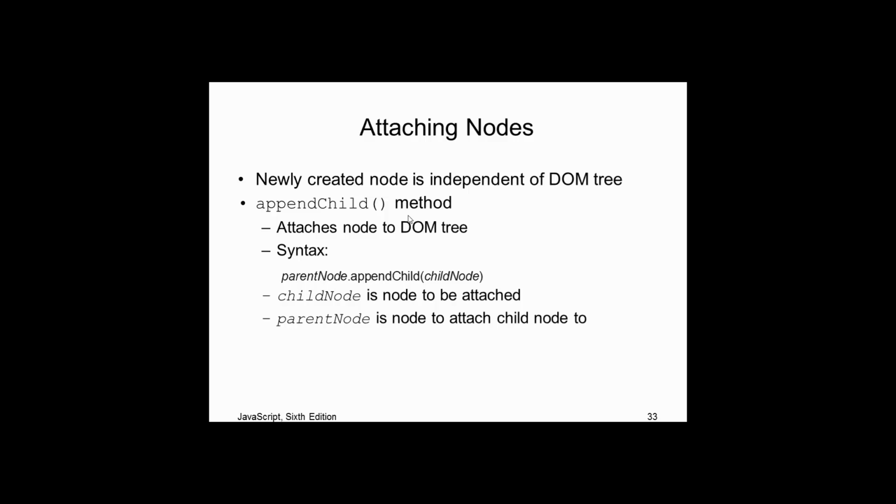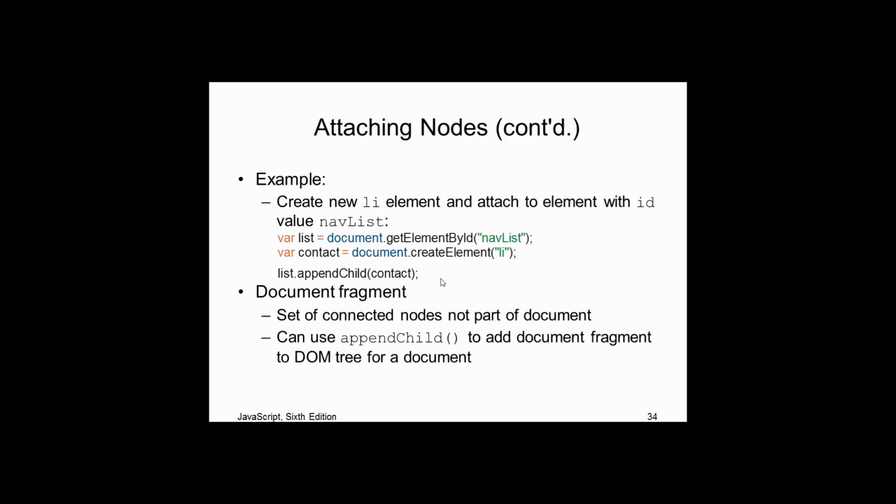One way of telling it where to go is by having a parent node, and we'll take a look at some of my code that I wrote this time, to avoid errors. Some people like that I did it differently this time. Some people didn't. We'll see how it goes. We have to target a parent node, and we have to append child, and then specify which node we want to attach.